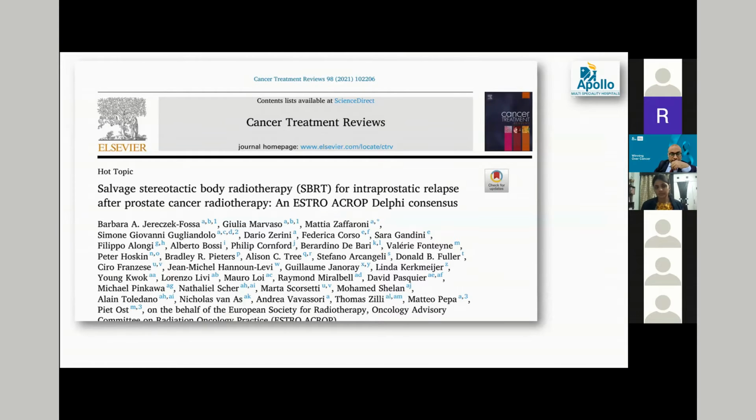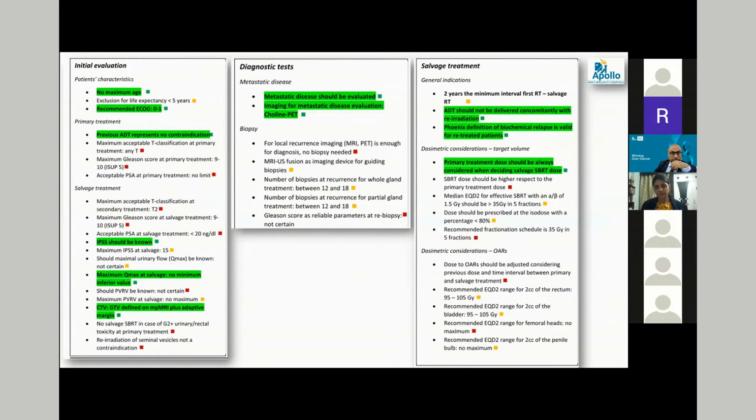So let us see what the ESTRO-ACROP Delphi consensus is. The green one is the issues where consensus was achieved. That is, no maximum age, recommended ECOG is 0 to 1, previous ADT represents no contraindication, and IPSS should be known. Maximum Qmax at salvage, there is no inferior value.